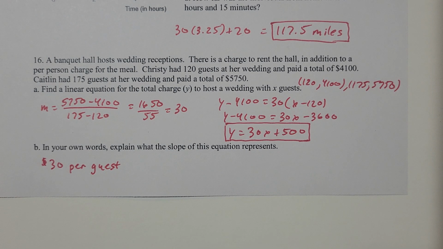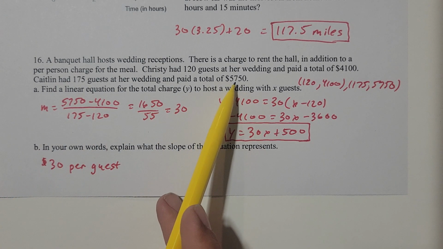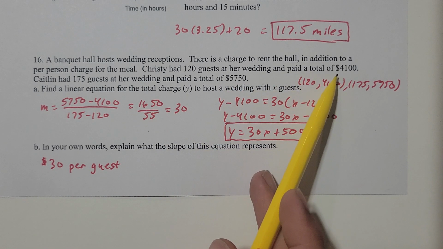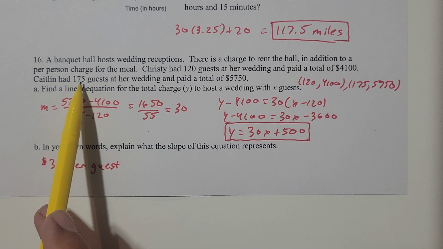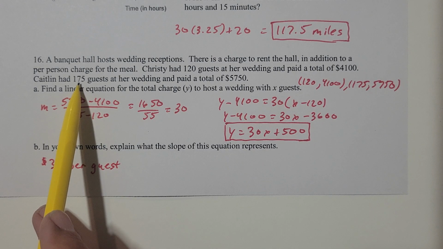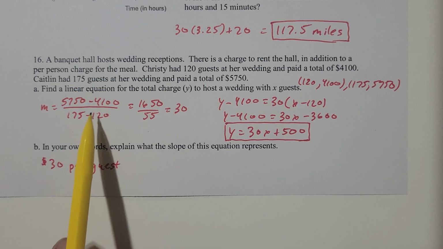We want to find the equation of the line, so get the slope, change in y over change in x. So 5,750 is y sub 2, minus y sub 1, that's 4,100, divided by x sub 2 is 175, minus x sub 1 is 120.